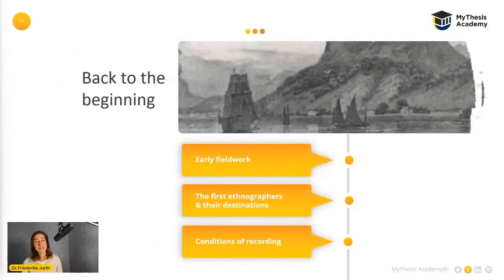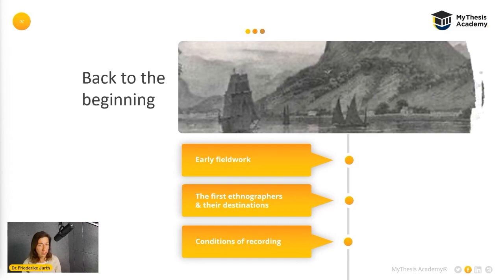To get a little more into the practice and to learn about the roots, the beginning of fieldwork and ethnography, I would like to focus on the conditions of early fieldwork. So, who were the first ethnographers, and what were their conditions of recording? And last but not least, what were their destinations of preference?